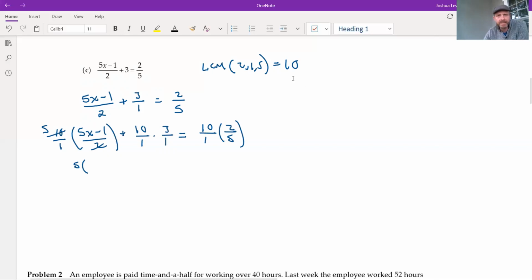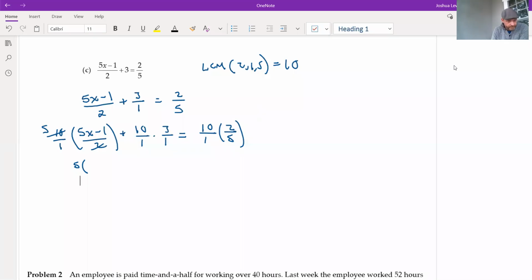And then let's see what else is going to go on. Right, 5x minus 1. And then over here, well, 10 times 3, that's just 30. And then 5 goes into 10 twice. And so we have 2 times 2, which is 4.